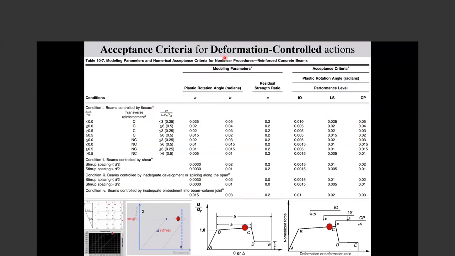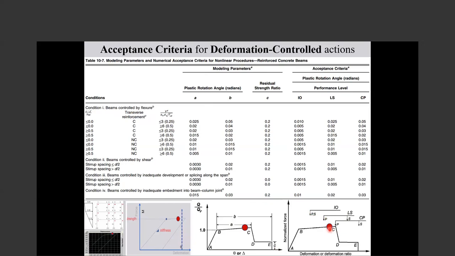Both modeling parameters, A, B, C, modeling parameters, and acceptance criteria. Here, does it pass life safety or not? Does it pass the immediate occupancy?